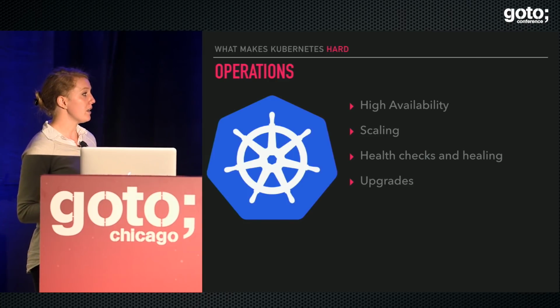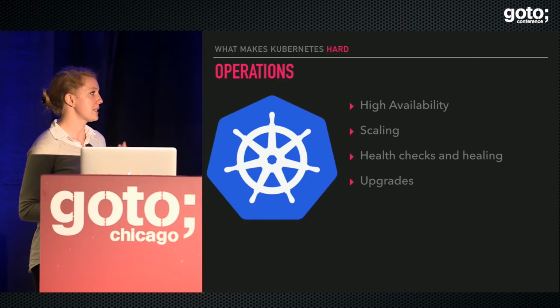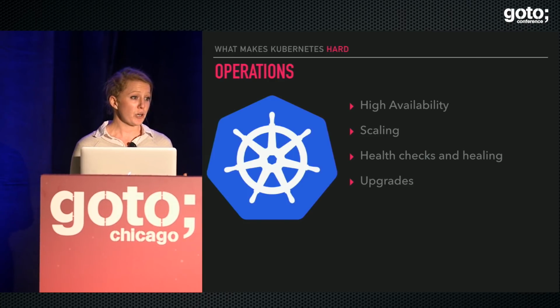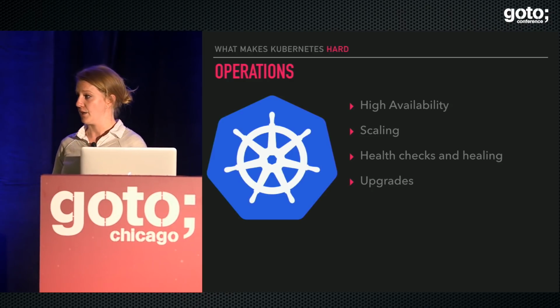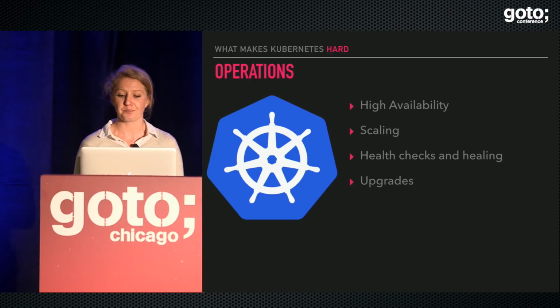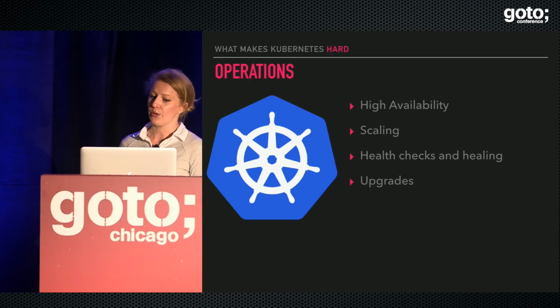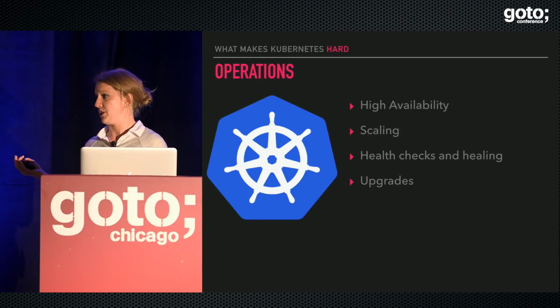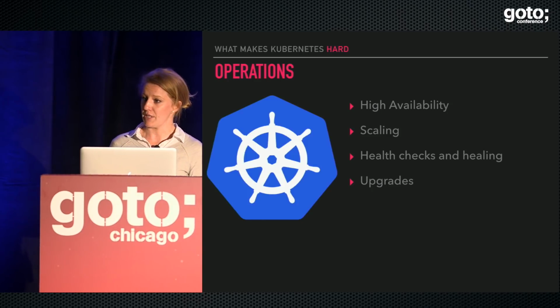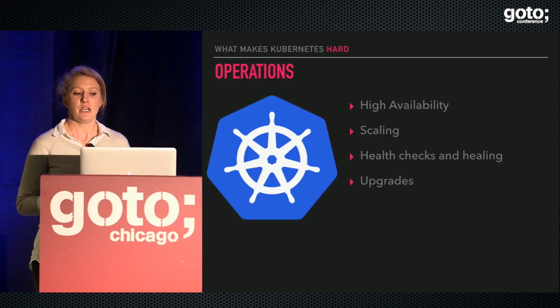Similarly, you can scale, and Kubernetes will run health checks and healing on the worker nodes, but for the cluster components themselves, your master and your etcd nodes, there's no out-of-the-box and easy way to accomplish those things. And then again, to do rolling upgrades or just upgrades in general of a fleet of Kubernetes clusters, that's really, really difficult, and who's responsible for managing that?